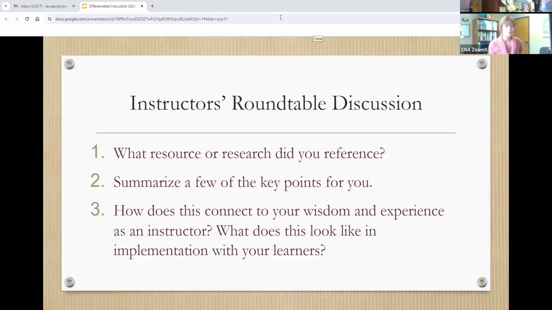My most vivid memory of massive differentiation was with an ESL level 1 group. I had identified 7 different levels or 7 different areas of need within one classroom.